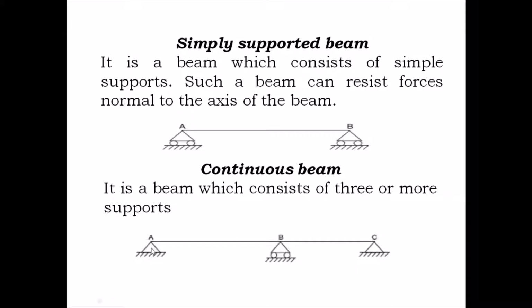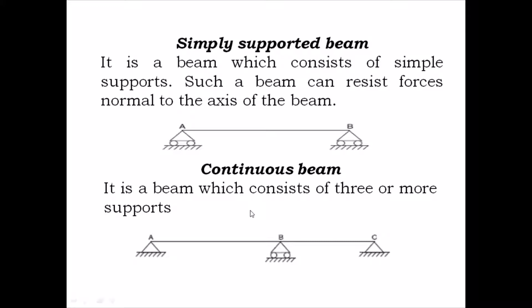As you can see, you have a beam which is supported at 3 points A, B and C, wherein at A and at C you have a hinged support, whereas at point B you have a roller support. Any beam which has 3 or more supports is called a continuous beam because it runs continuously. So this is about the continuous beam.